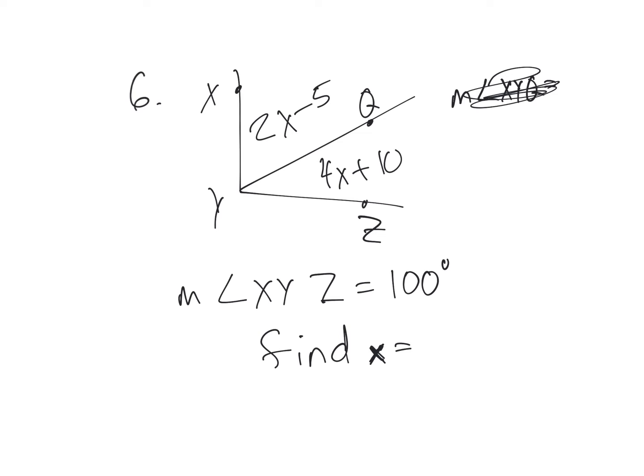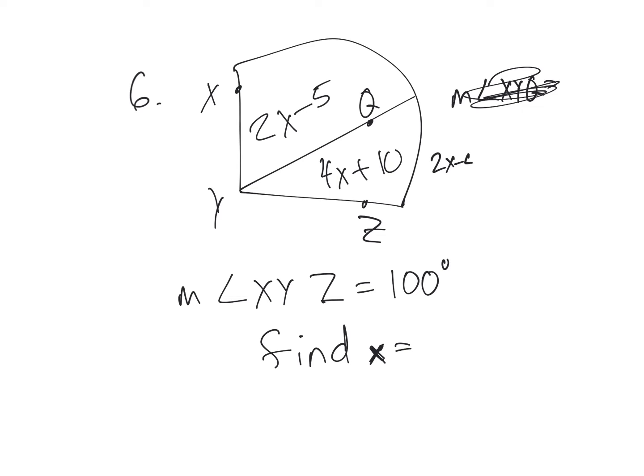Did I say YQ was a bisector? I didn't. So don't assume that those two angles are equal. If you see the word bisector, then you're probably going to set two things equal to each other. Since I didn't say it was a bisector, and I told you the whole angle is 100 degrees, that means those two added together equal 100.